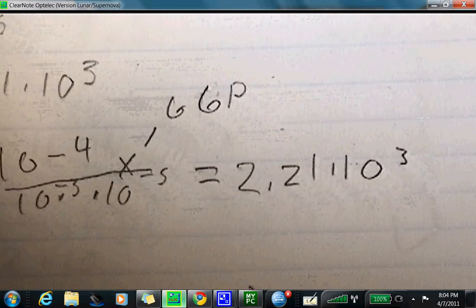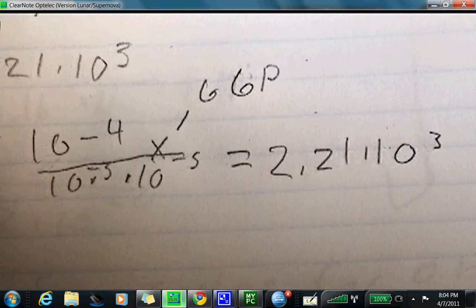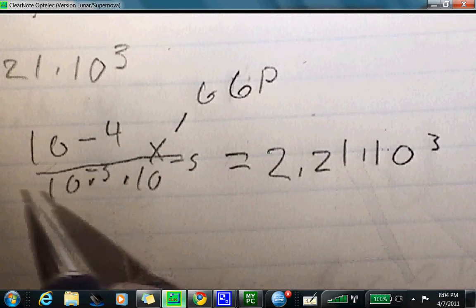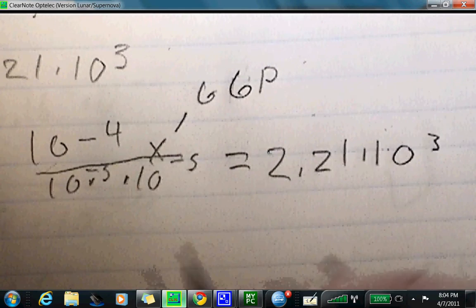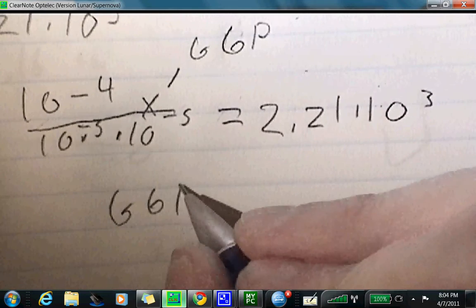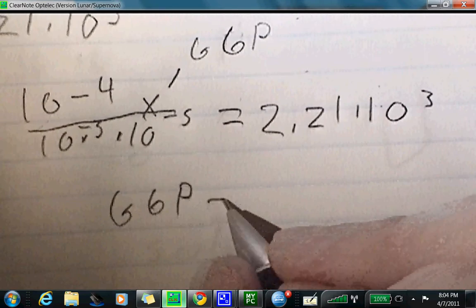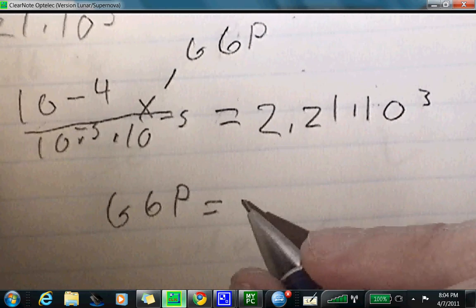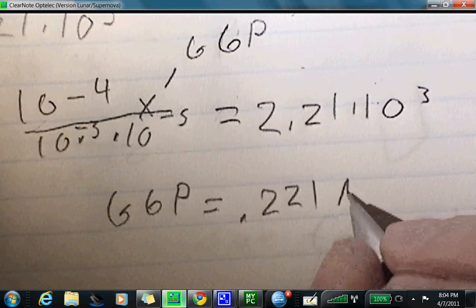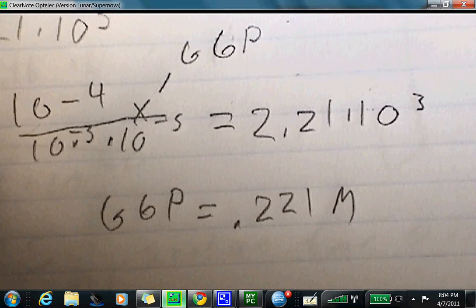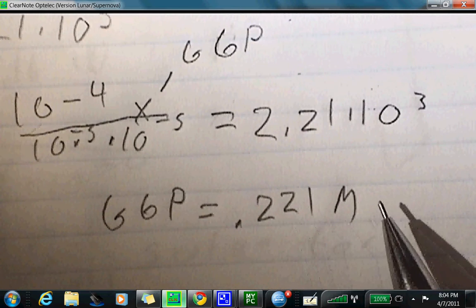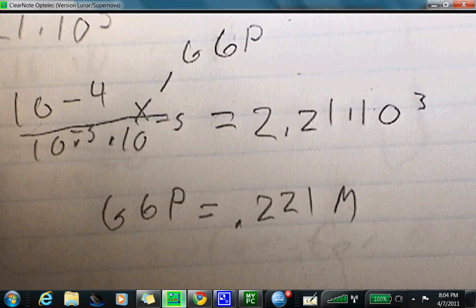Okay, so all you have to do is take this, multiply it by this, and then divide by this 10 to the negative fourth. After you do all your calculations, G6P, which is what they're asking for, the concentration is going to have to be 0.221 molar, which is a very, very high concentration in the human body.